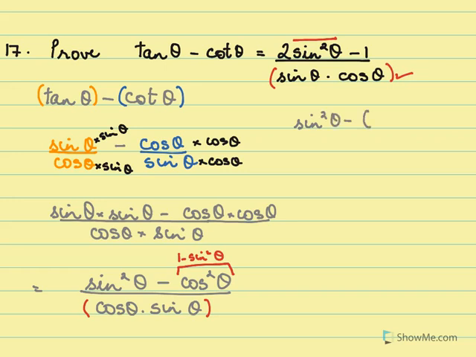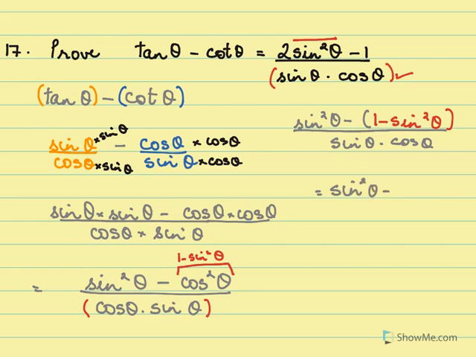So we have sine square theta minus, now for cos square theta I'm putting 1 minus sine square theta, because I have seen that in my answer in the numerator I require only sine. There should not be cos there. So over cos theta sine theta. Now open the bracket.